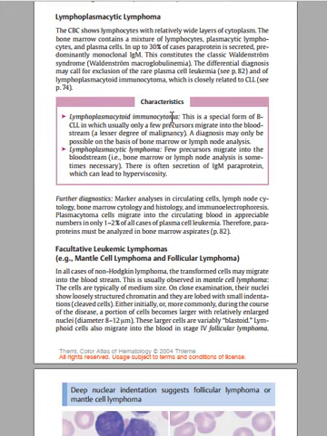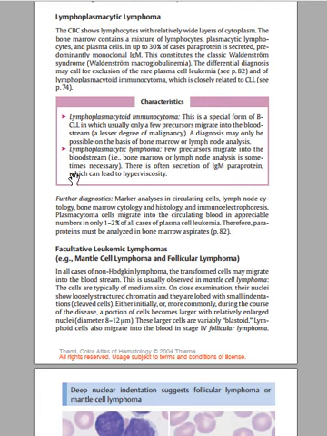Lymphoplasmacytoid immunocytoma is a special form of basal chronic lymphocytic lymphoma. So all these are actually chronic lymphocytic lymphomas, in which usually only one precursor migrates into the bloodstream. A diagnosis may only be possible on the basis of the bone marrow or the lymph node analysis.